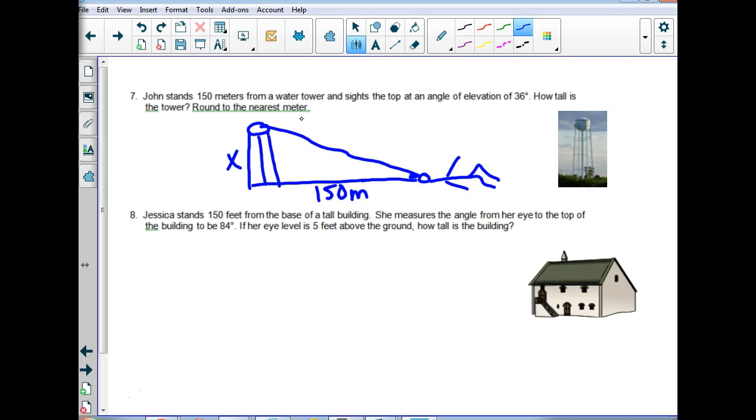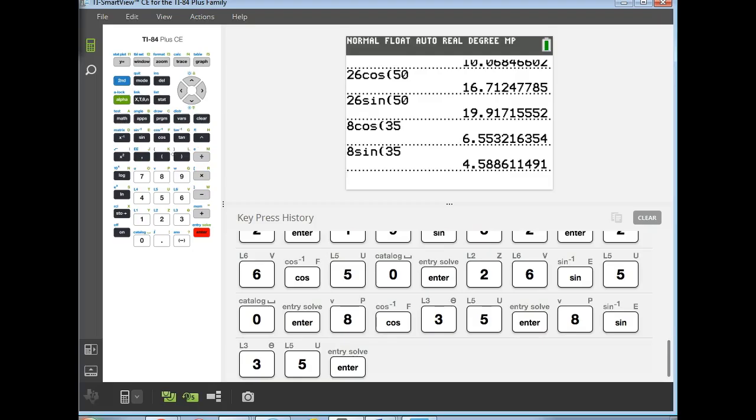Okay. Angle of elevation is an angle opening up from the horizontal, so it would be here by John's face. We want to know the height of the tower, so we go opposite over adjacent, which would tell us to use the tangent. So the setup I want to see in your papers, tangent of 36 equals x over 150. We calculate 150 tan 36.